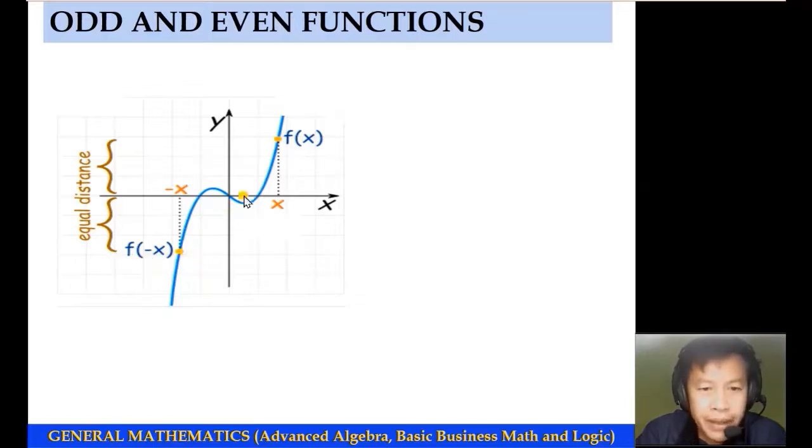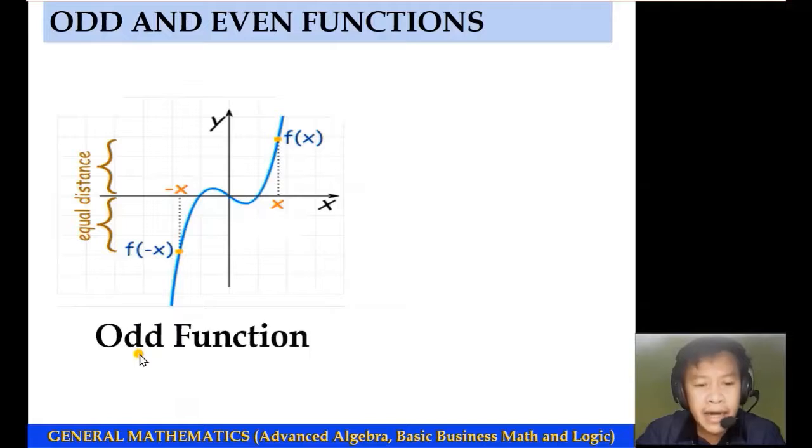This point below the x-axis has the equal distance with this particular point above the x-axis with coordinates x and f of x. That is why we can say that this particular graph is symmetric with respect to the origin, and this curve is symmetric with this particular curve. And if that is the case, that graph is an odd function.